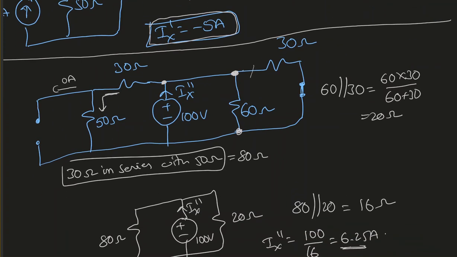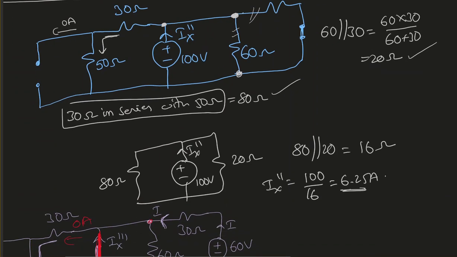Now I can clearly see 60 parallel with 30, which is 20 ohm. In the same way, this 30 and 50 are in series because none of the current is passing through this open branch, so that's 80 ohms. Now here I have 80 ohms and 20 ohms, and these three elements are in parallel basically.